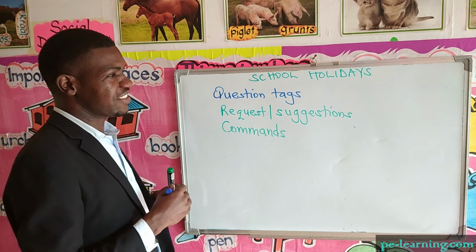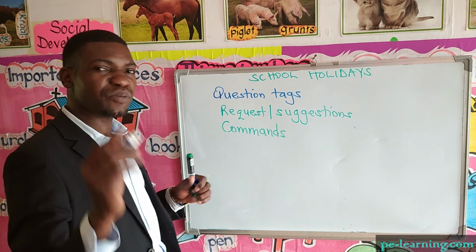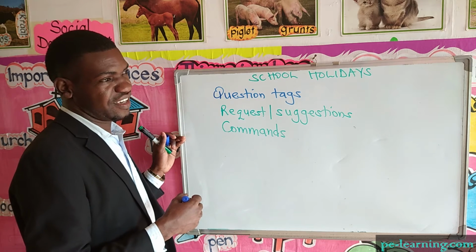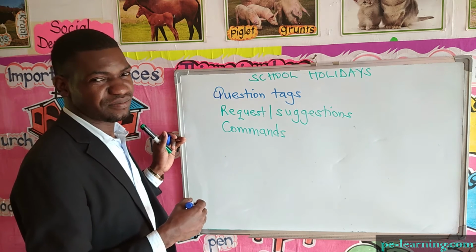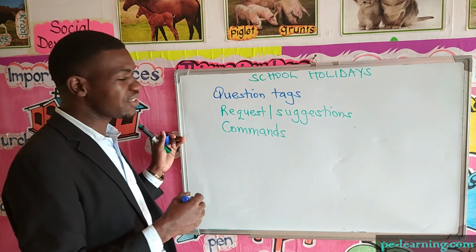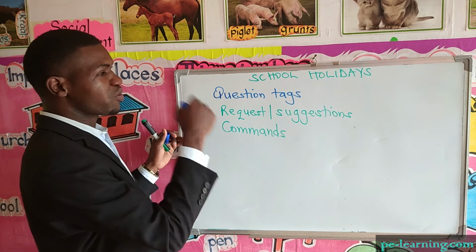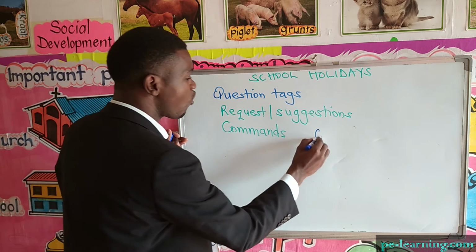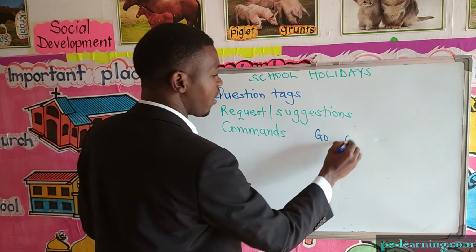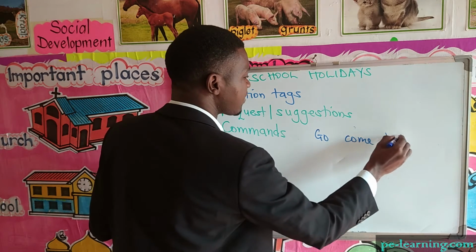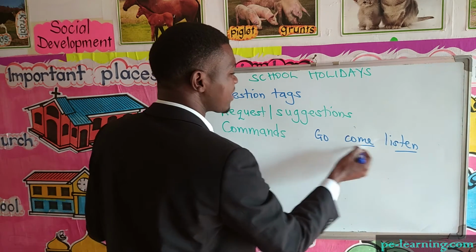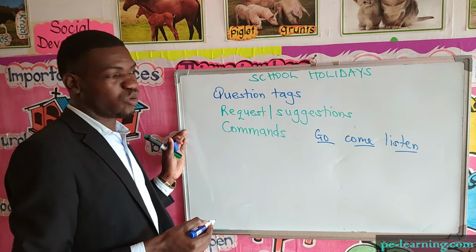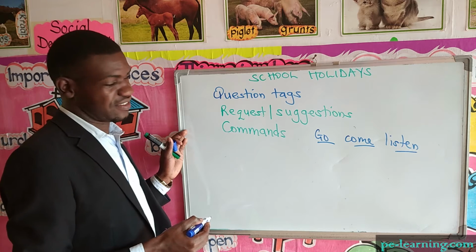In most cases, in simple terms, commands start with verbs. I would call that an imperative, but we won't go so much into details. For example, if you have the verb go, come, or listen, when these start sentences, we tend to call such sentences commands.